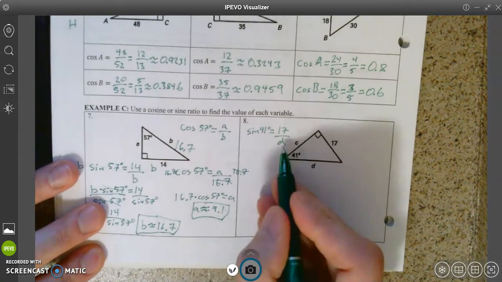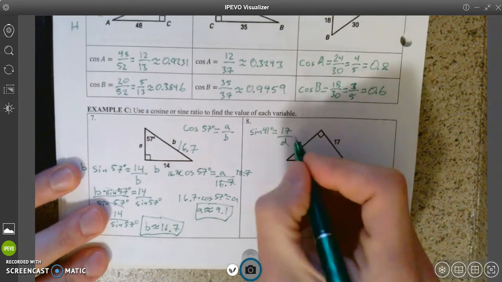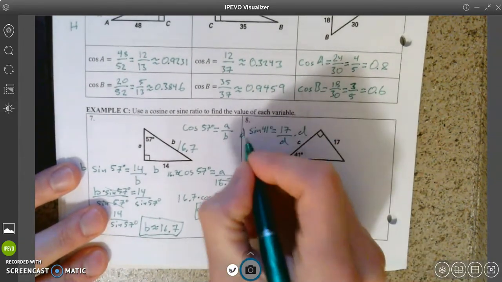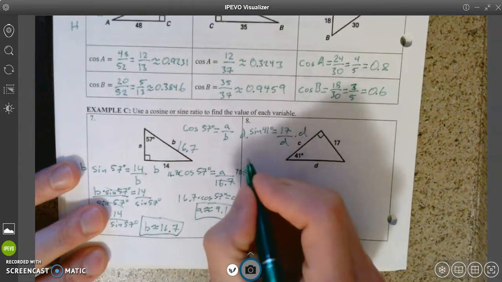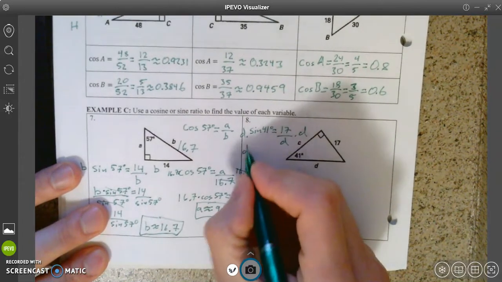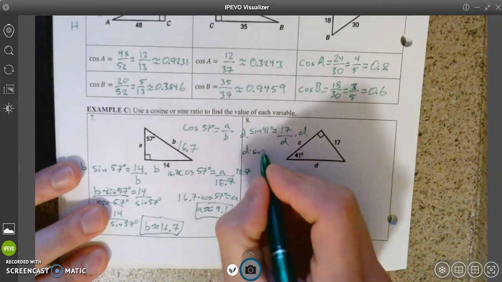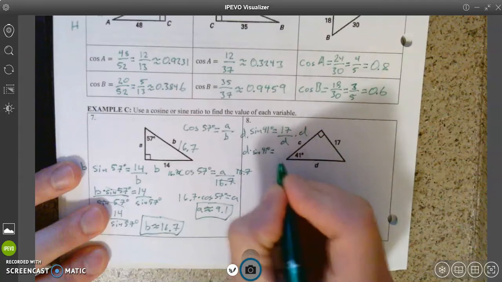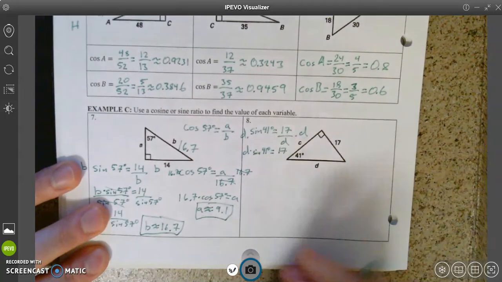We want to get D in the numerator. So just like we did on the other side, we're going to multiply by D on both sides. So that's going to give me D times sine of 41 degrees is equal to 17.